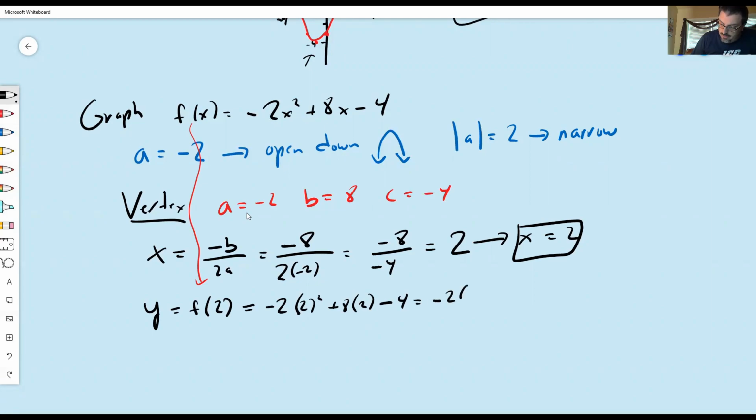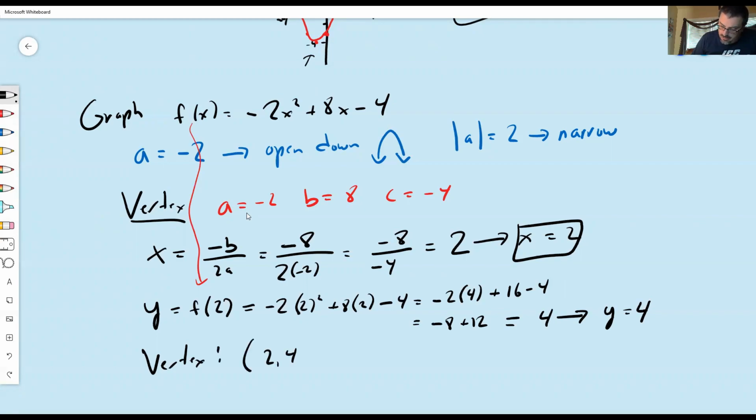So -2 times 4 plus 16 minus 4, that'll be -8 plus 12, or 4. So our vertex is the ordered pair (2, 4).